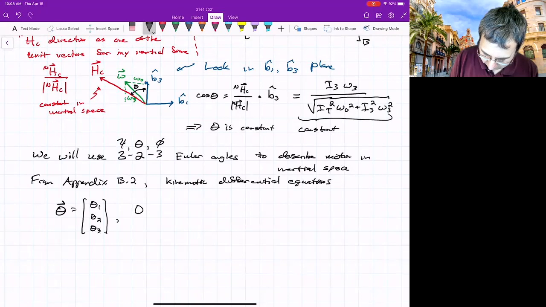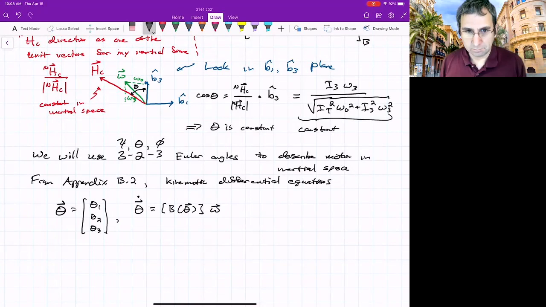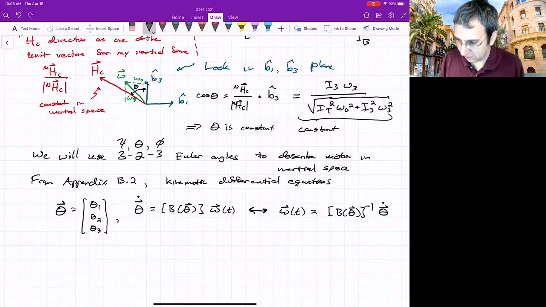If you do that, then the time rate of change of the Euler angles equals this B matrix, which is different for each set of Euler angles, times omega. In this case, we have omega as a function of time. And then you could also write it as, take the inverse, and you have, okay, here's how omega changes as a function of time: it equals B matrix inverse times the Euler angle rates.